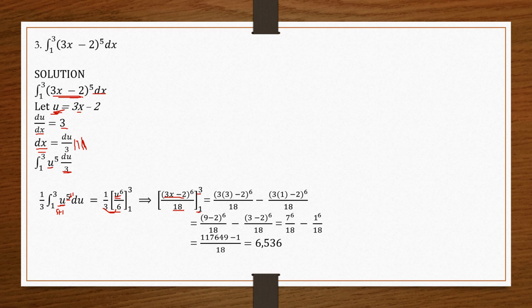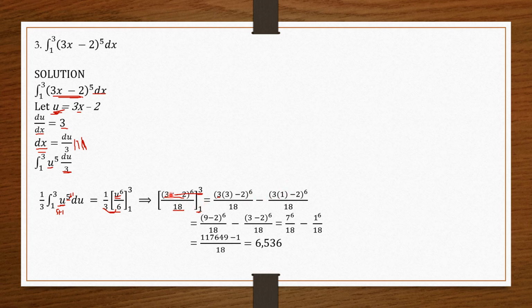So we'll substitute the first value, which is the highest value, the 3, into this x. Let me get my pointer. So I'll have this 3 here. Then for this x, I will put 3, minus 2, all raised to power 6 over 18, minus the second, which will be for 1.